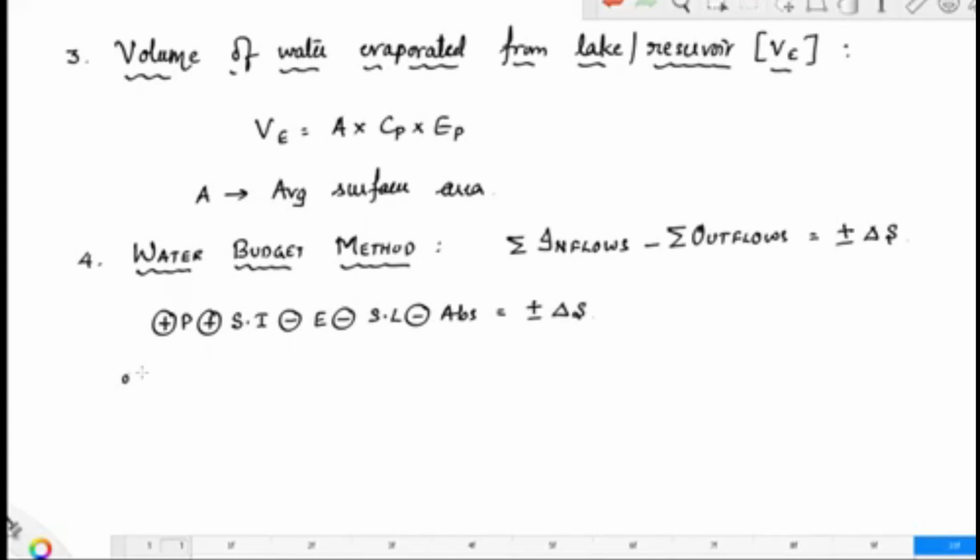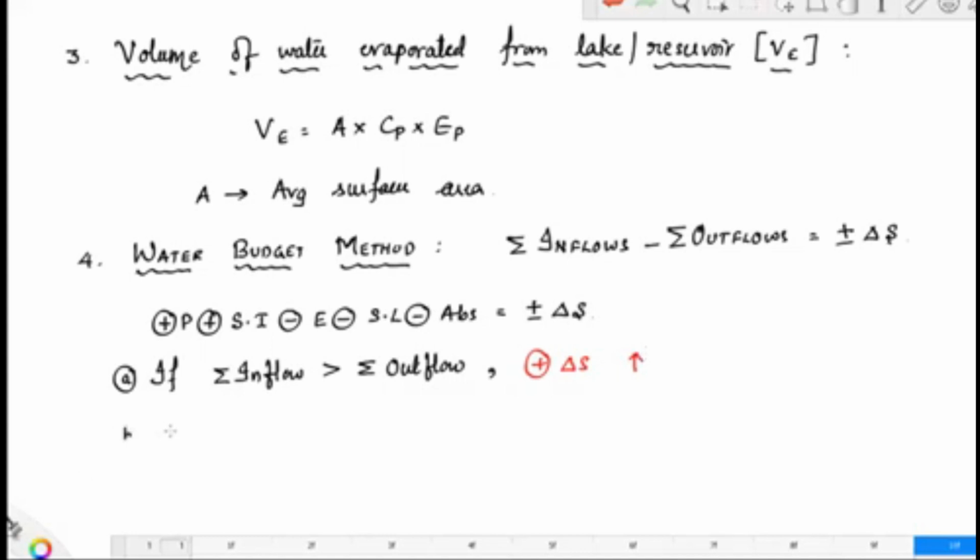So condition A is that if summation of inflows is greater than the summation of outflows, then you have to use positive delta S. Water level rises.